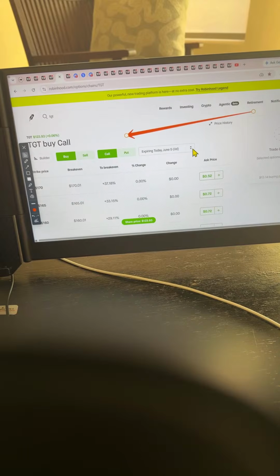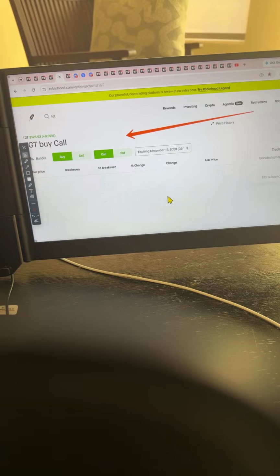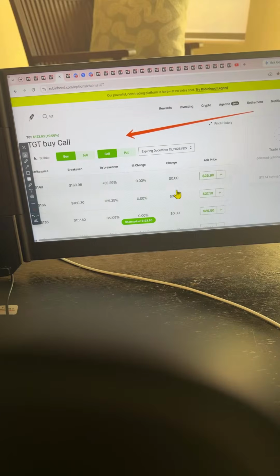I said we can go out as long as we can go out. So we're going to go from here to December of 2028, December 15. Now we're going to be paying through the nose for these things. Yeah, not too bad actually. But anyway, 1450. And what's the strike? Okay. So we're 190. Wait a second.